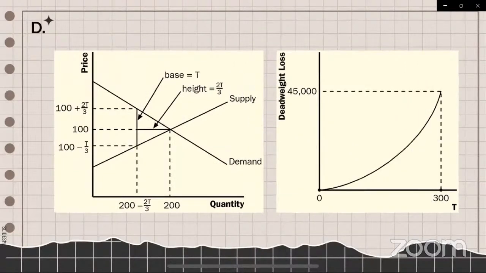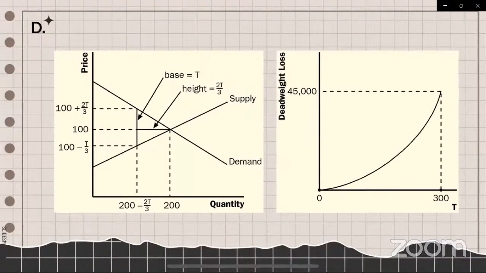And for the D answer, as the figure below shows, the area of the triangle laid on its side that represents the deadweight loss is half multiplied by base multiplied by height, where the base is the change in the price, which is the size of the tax, or T, and the height is the amount of the decline in quantity, that is 2T divided by 3.